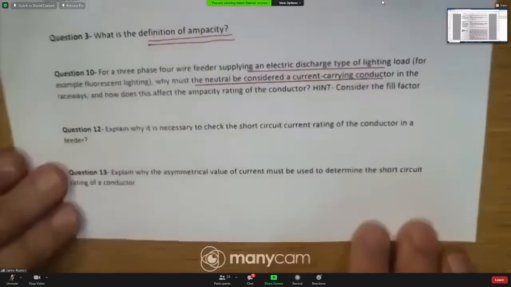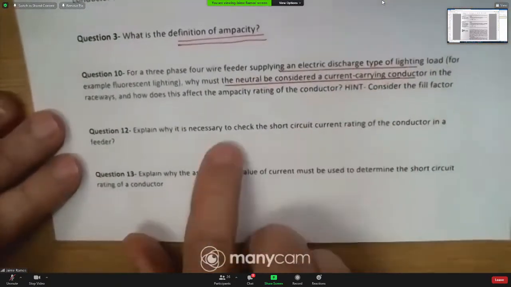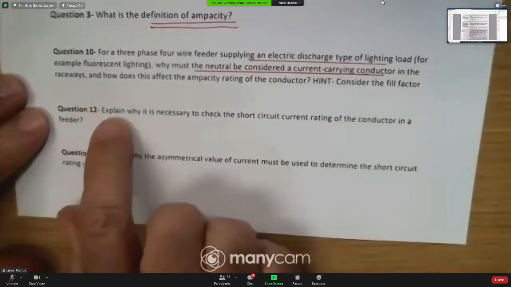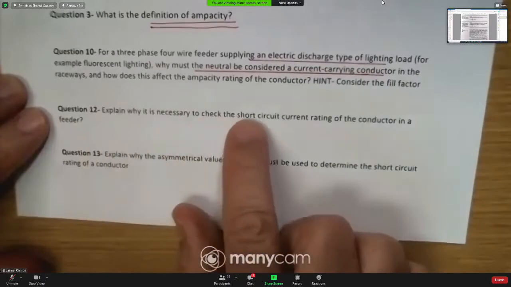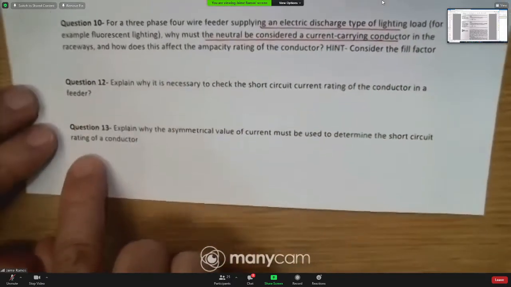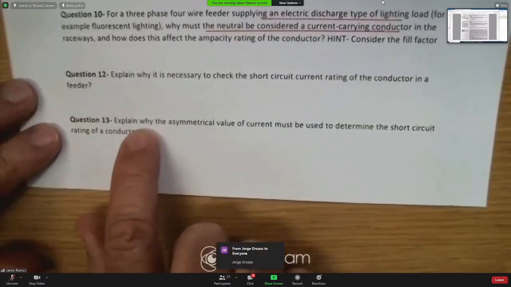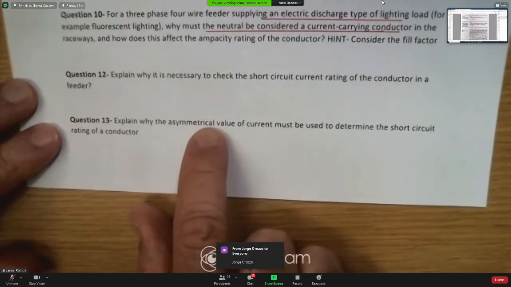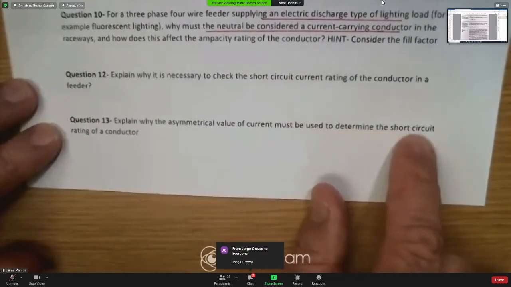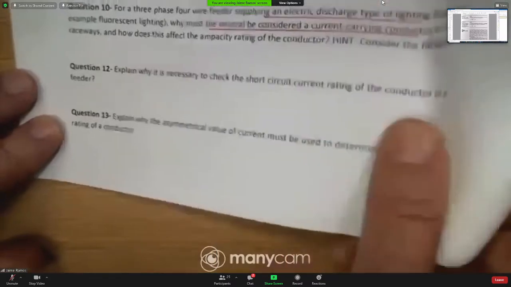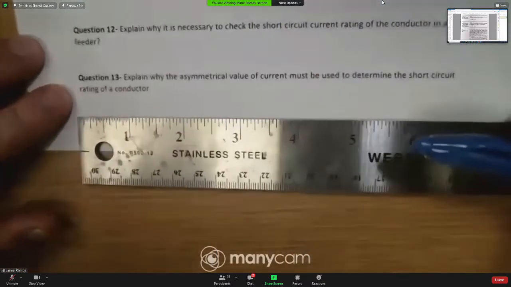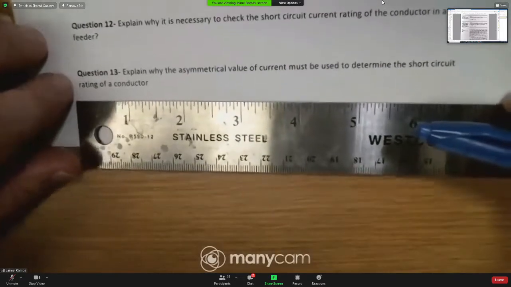Okay, so then coming here, question 12: explain why it's necessary to check the short circuit current rating of the conductor in a feeder. Question 13: explain why the asymmetrical value of the current must be used to determine the short circuit current. The reason is that, remember, there is a transient.